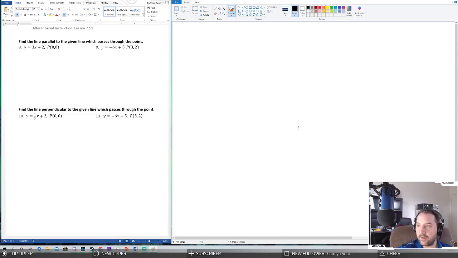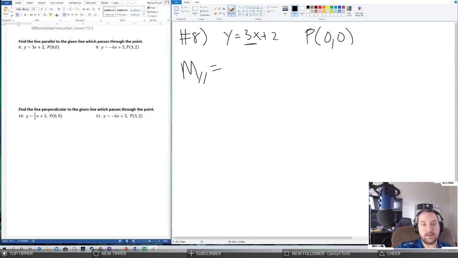Okay, the next one says find the line parallel to the given line which passes through the point. So on number 8, y equals 3x plus 2, and my point is 0, 0. Parallel means same slope. So whatever my slope is on that equation, it's going to be the same for the parallel slope. So that means my parallel slope is 3.